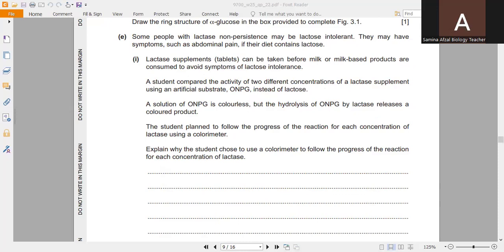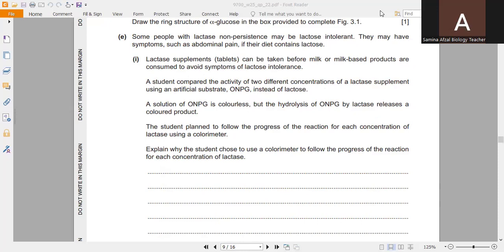A student compared the activity of two different concentrations of a lactase supplement using an artificial substrate, ONPG, instead of lactose. A solution of ONPG is colorless, but the hydrolysis of ONPG by lactase releases a colored product.